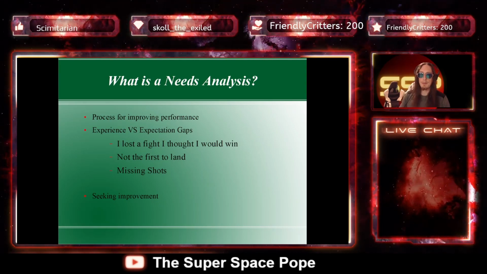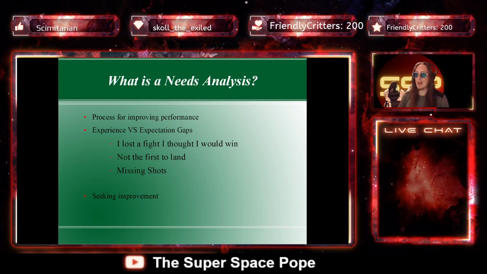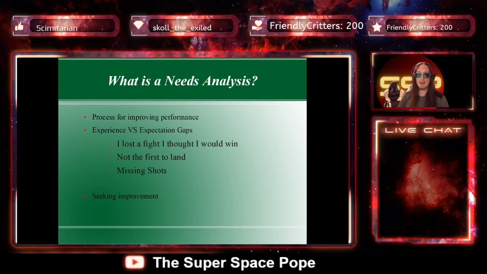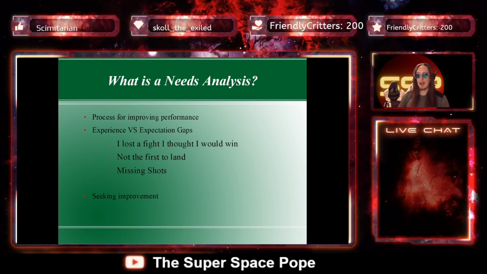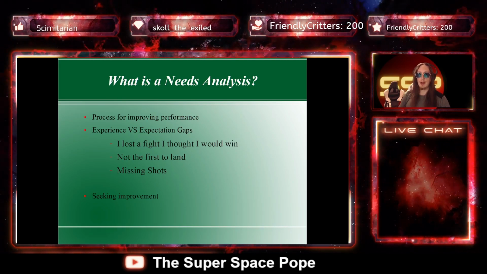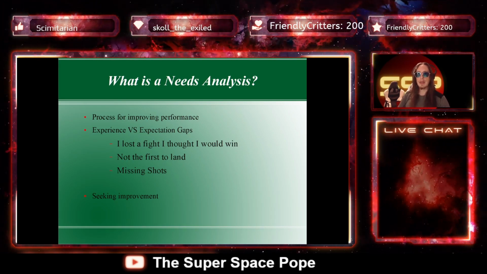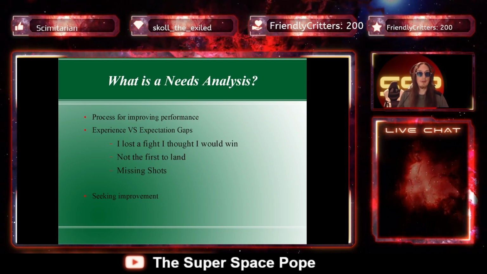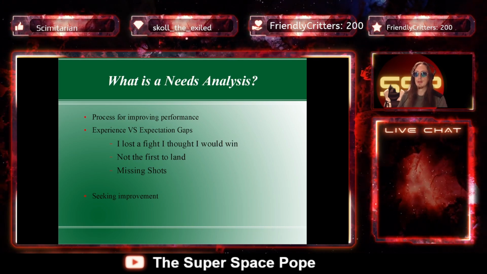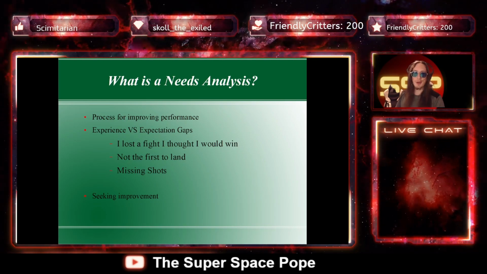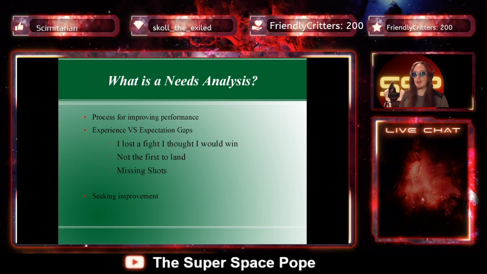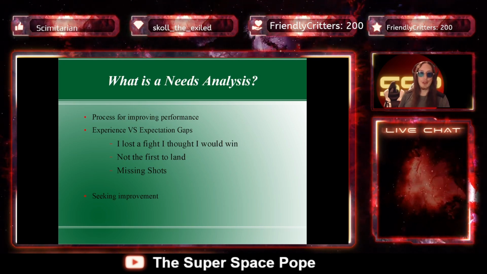Another place that you may want to do a needs analysis is if you're seeking to improve, especially at high level activities. If something really matters to you, a needs analysis, being a more detailed and granular look at areas to improve and develop and uncover root causes to issues, is very valuable because of how much energy you have to put in, so it suits things that are more valuable to you, right?